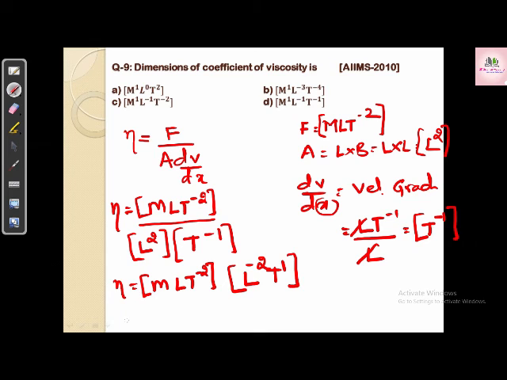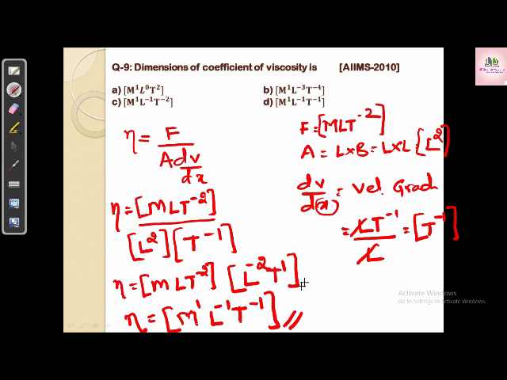Simplify: only one M, so M to the power 1. L to the power 1 and L to the power minus 2 gives 1 minus 2, that is minus 1. T to the power minus 2 plus T to the power plus 1 gives minus 2 plus 1, so T to the power minus 1. So this is the dimension formula of the coefficient of viscosity.